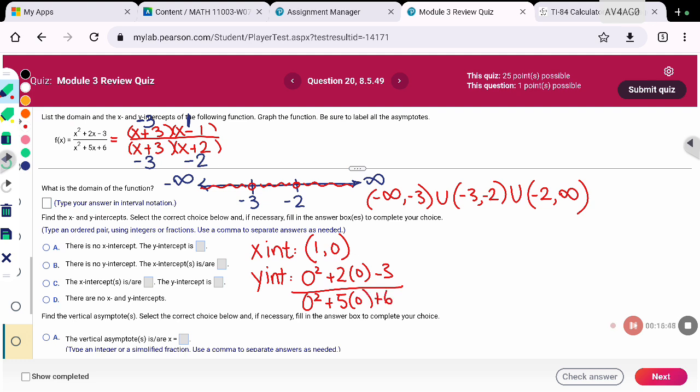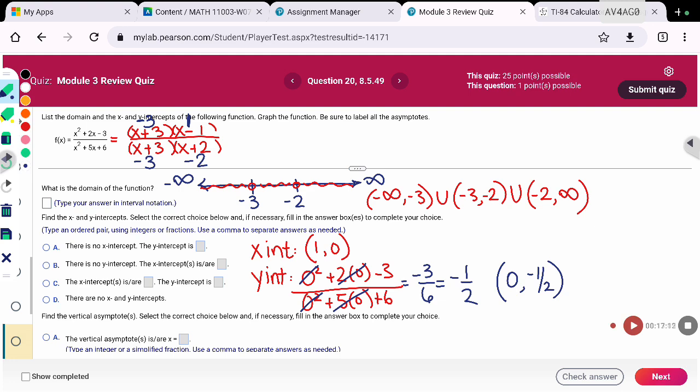All of these would go away because they would end up being zeros. So I'll be left with -3 over 6, which reduces to -1/2, which means the y-intercept, its coordinates are (0, -1/2).